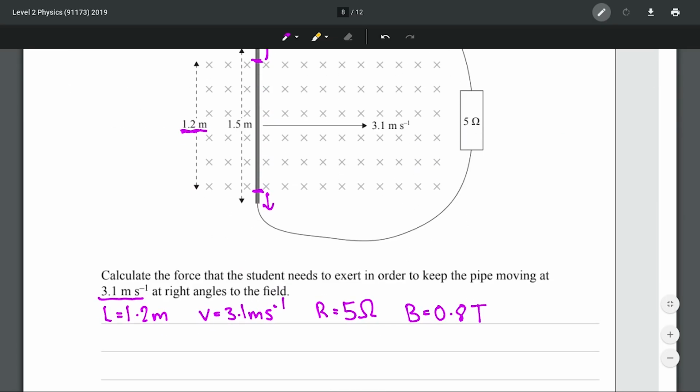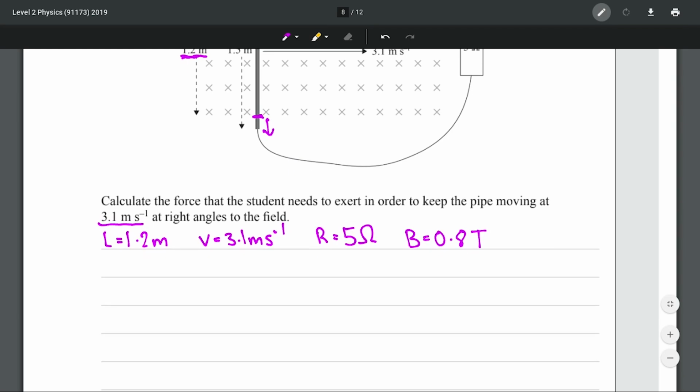Now, to find the force, we're going to need to use this equation on your formula sheet, which is that the force is equal to the magnetic field times the current times the length of the pipe in the magnetic field. Now, we know our magnetic field, we know our length, but we don't know our current.